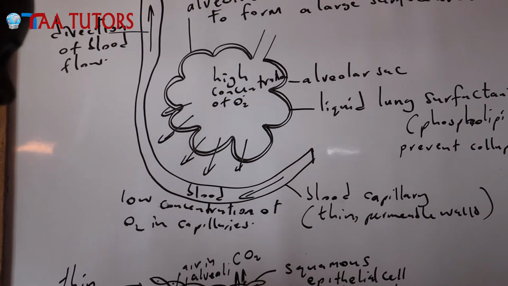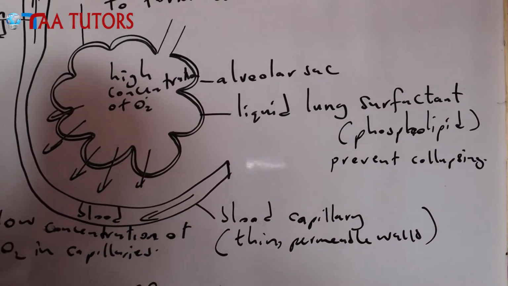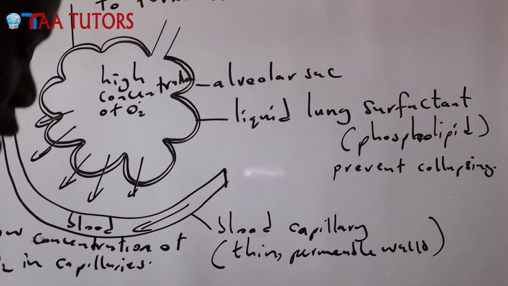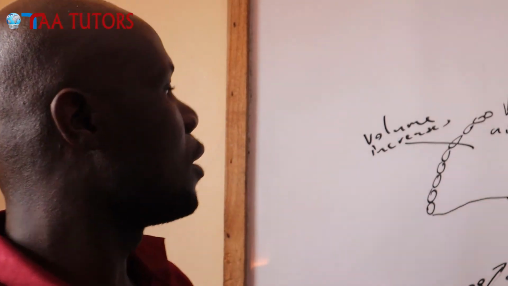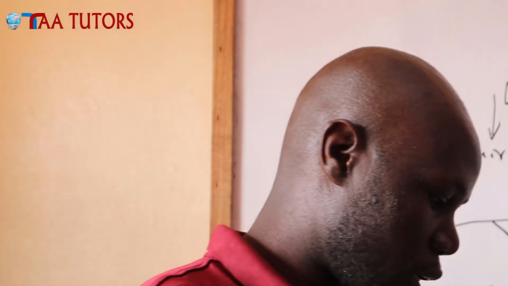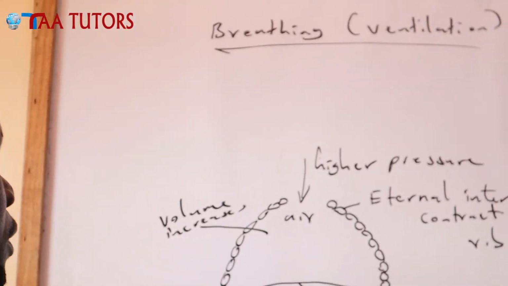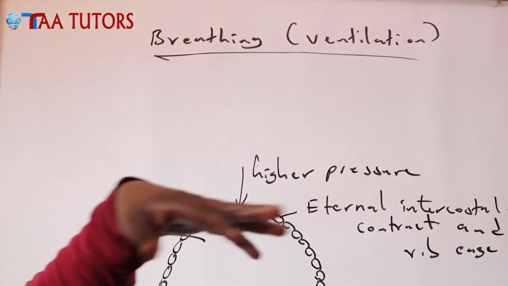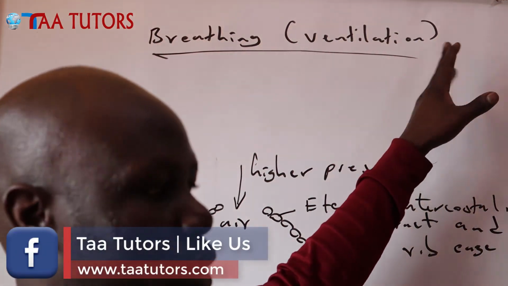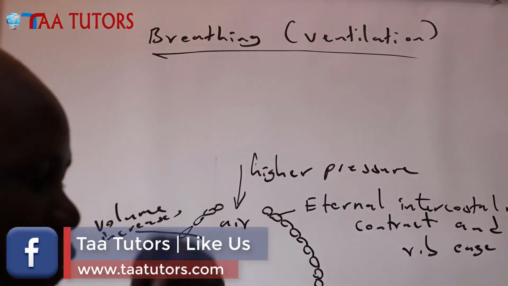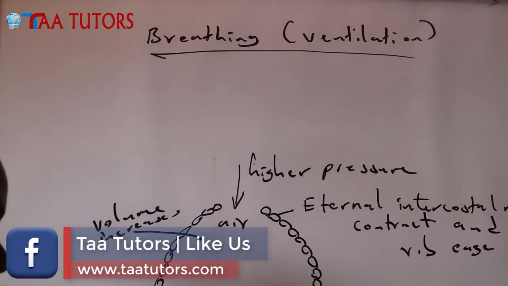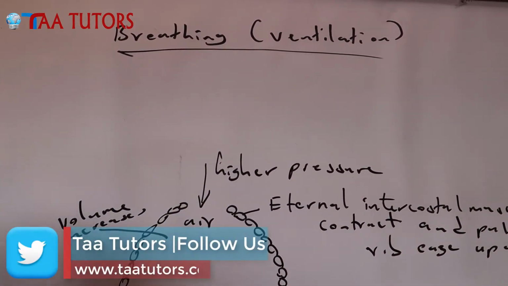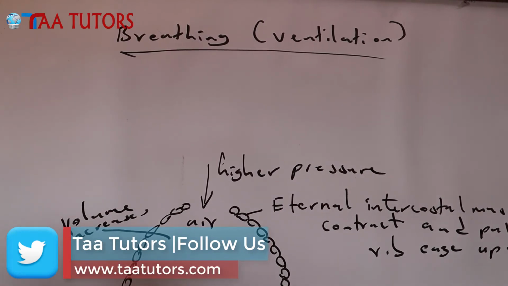Next, I want us to see how the actual ventilation takes place. I want us to look at how we can effectively breathe in and breathe out. Breathing we can refer to as ventilation. This is because it is freshening the air in the chest cavity, taking out the waste gas and bringing in the oxygen, the gas that is really needed.